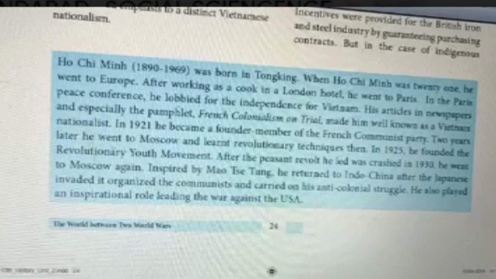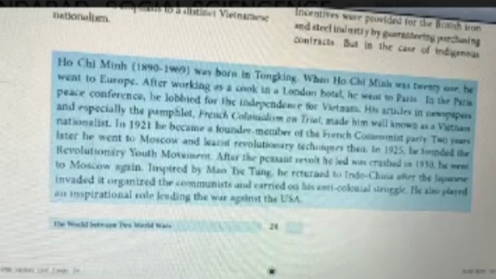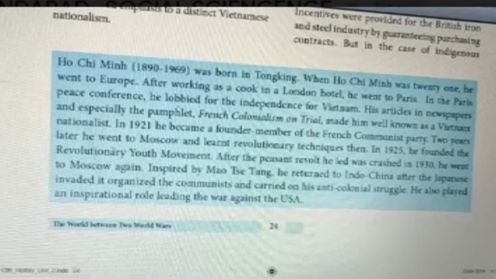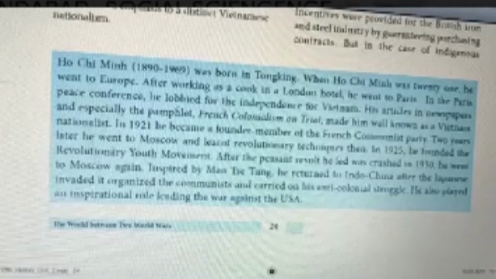He traveled to southern China to organize a revolutionary movement among Vietnamese exiles, and in 1930 founded the Indo-Chinese Communist Party, ICP. He spent the 1930s in the Soviet Union and China.